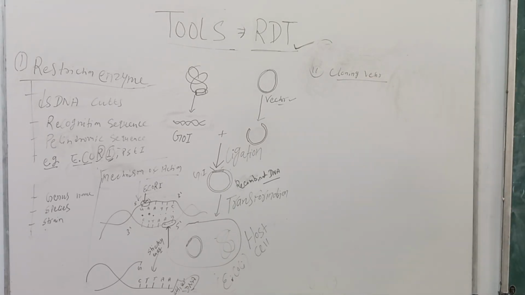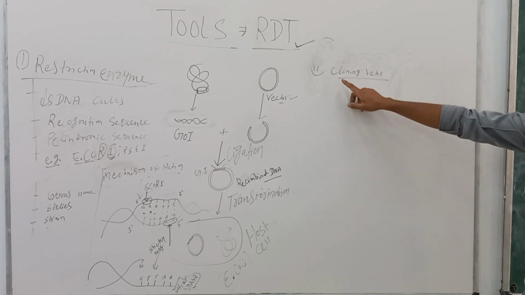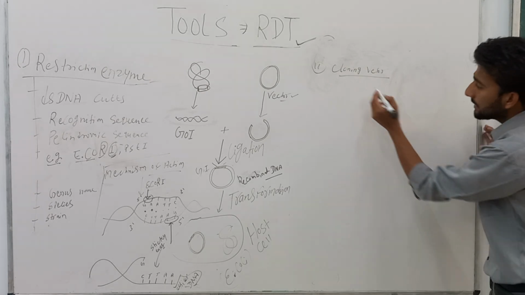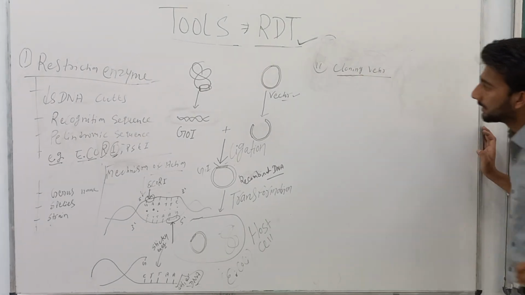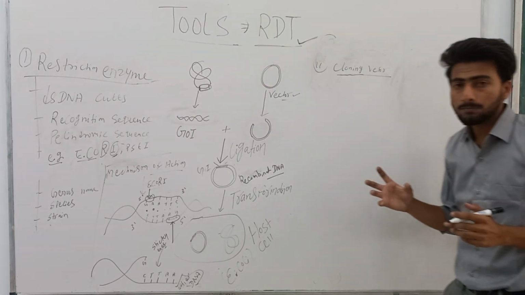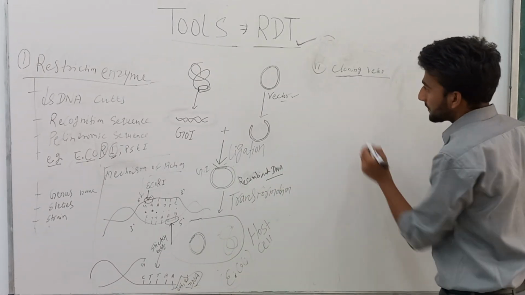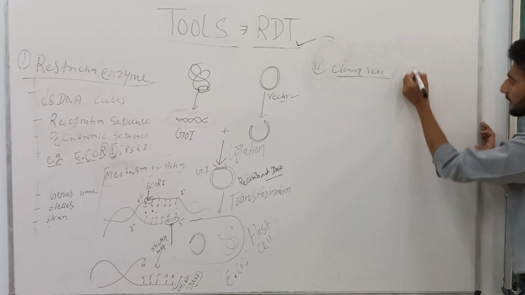What are cloning vectors? First, we will define cloning. What is cloning? Production of a large copy number of our desired DNA molecule in the cells is called cloning.